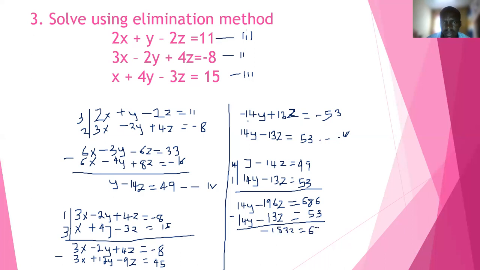Okay. So we divide both sides by negative 183, so we have the answer divided by negative 183.